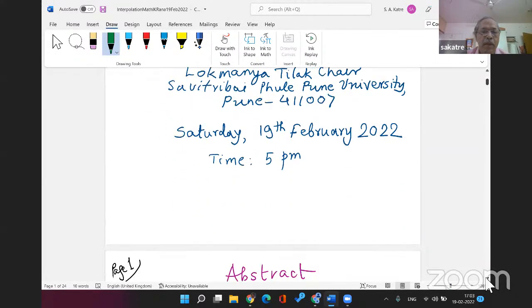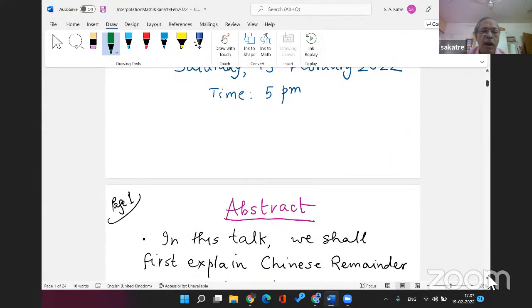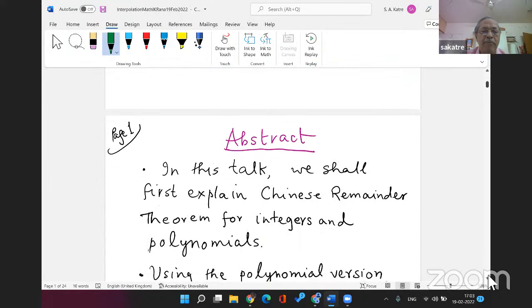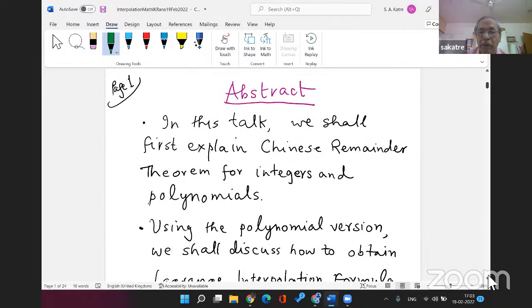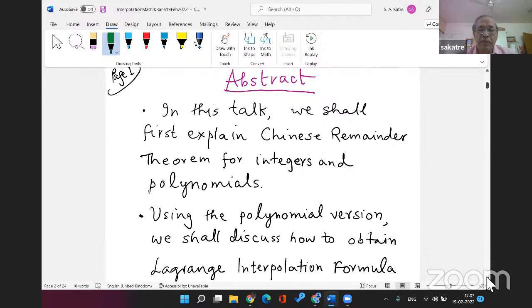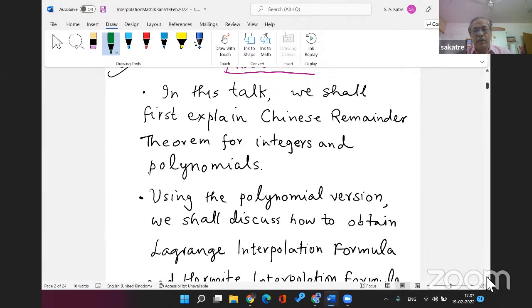So in my talk, I will first explain Chinese Remainder Theorem for integers and polynomials, because there is a polynomial version of Chinese Remainder Theorem. Polynomials are close to integers, polynomials over a field. So we will see how you can immediately get this polynomial version from the integer version or an analog of that.